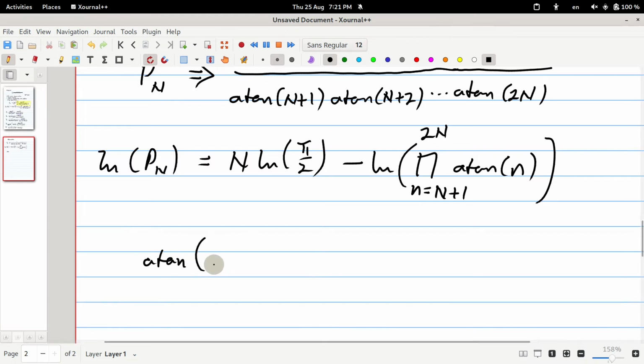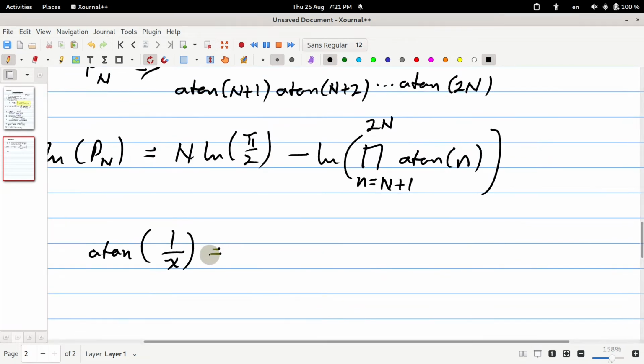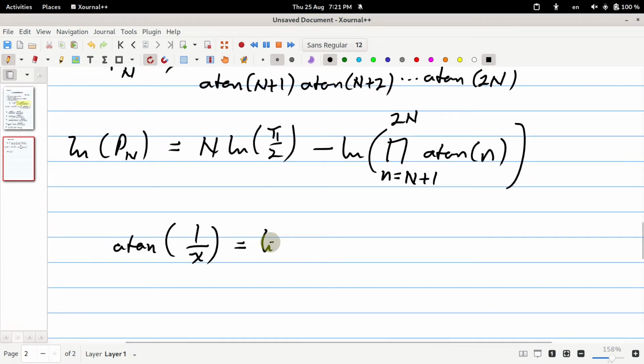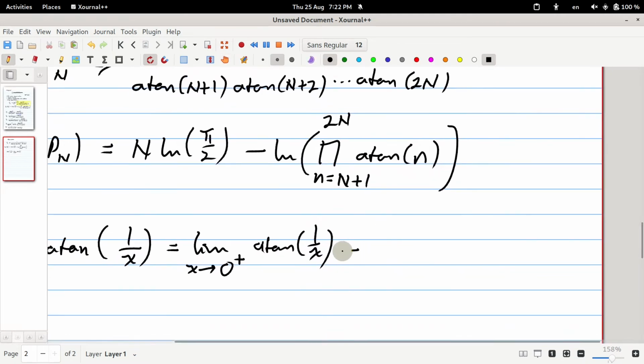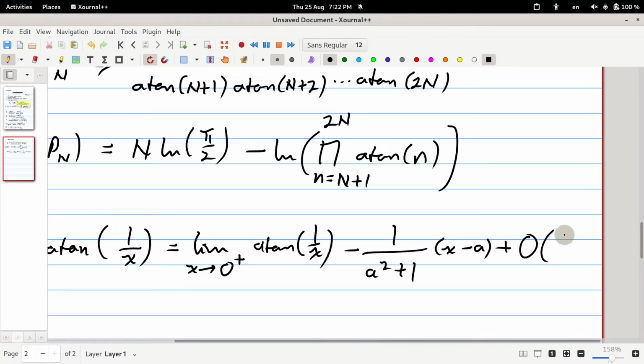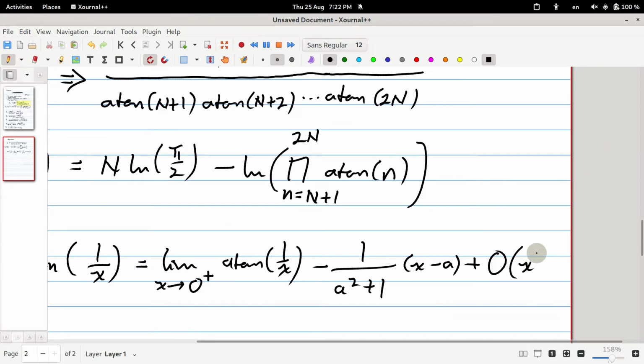Arctan of 1 over x, as x tends to 0 from the right-hand side, is arctan at a plus the derivative 1 over a squared plus 1 times x minus a, plus the remainder terms, so that'll be x cubed.